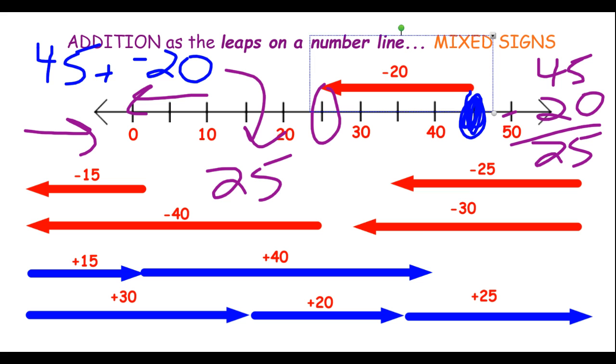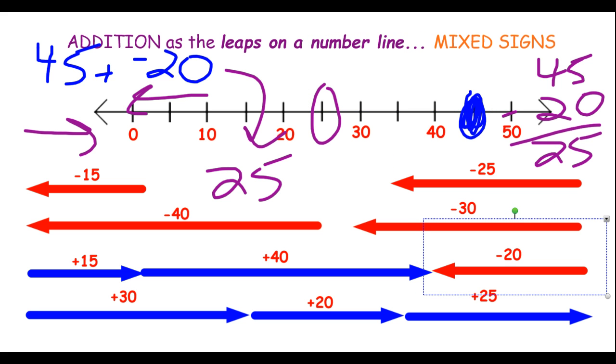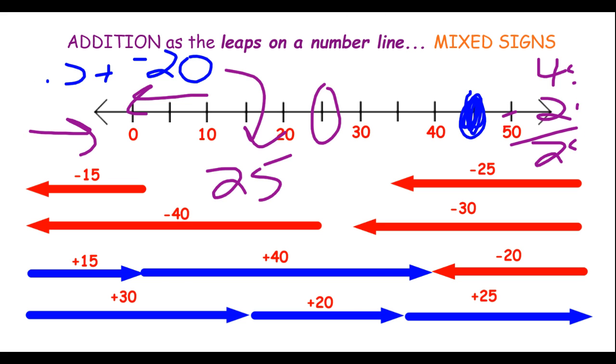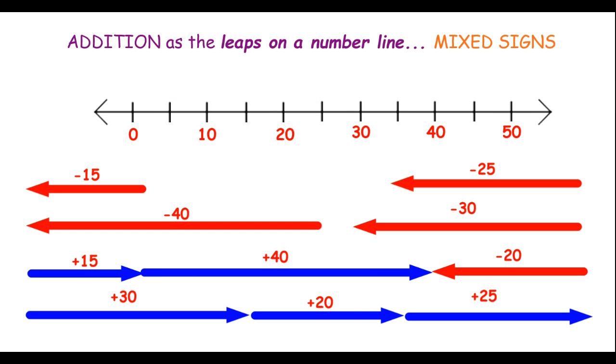Let's take another look and see if we can come up with a rule for adding with different signs. Let's say at this time you wanted 15 plus negative 30. Well, we start with 15. We take a negative 30.